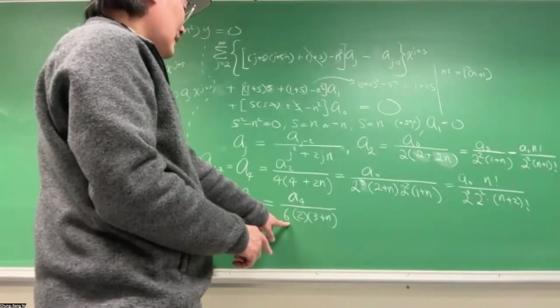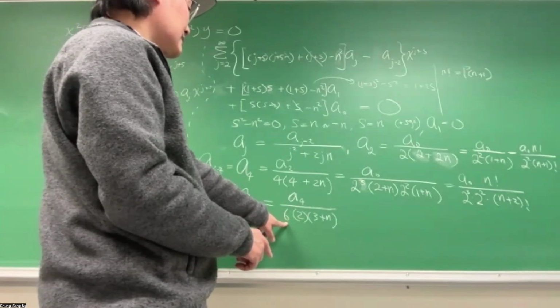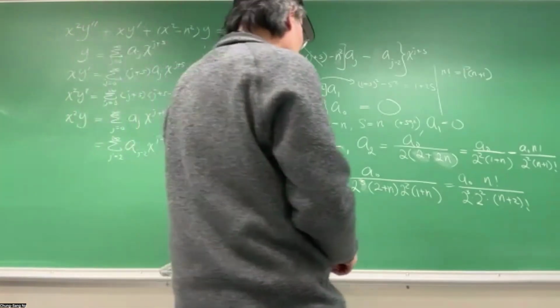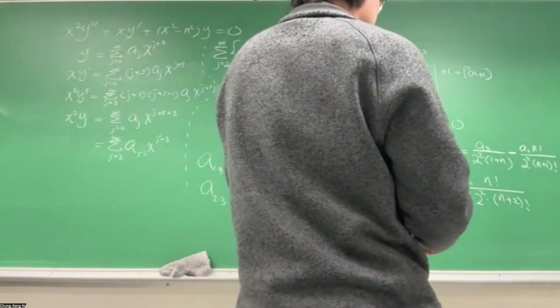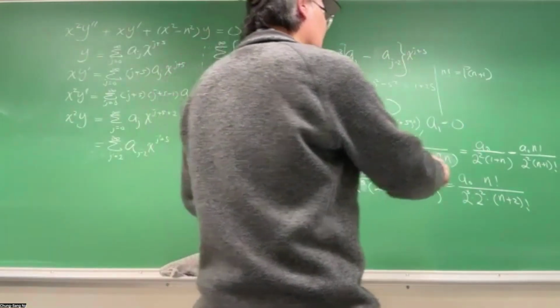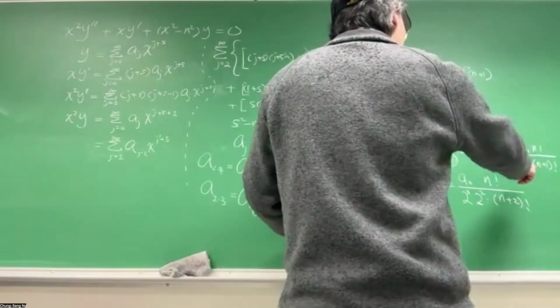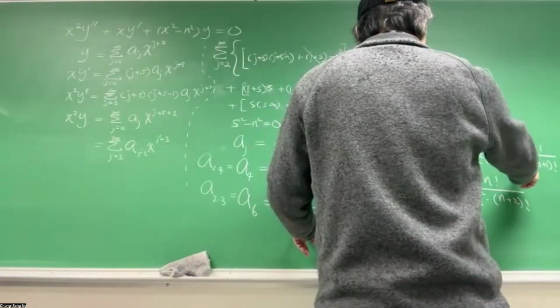So that would be, let's write like this. So you have a factor of 2, and then a 2 here.